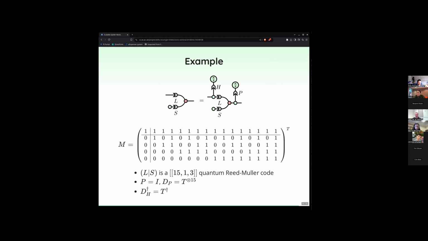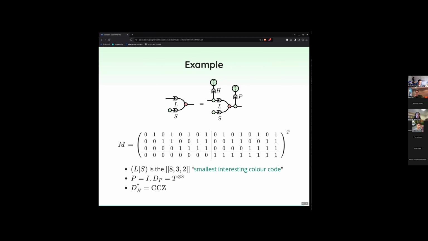So that's T to the tensor power 15. And then this block right here in the upper left is just a single 1. Okay, so that's just a single T gate. So the logical thing that doing a physical T on everything accomplishes is that it does a T dagger on my logical space. Okay, and normally you can use this fact to do magic state distillation.